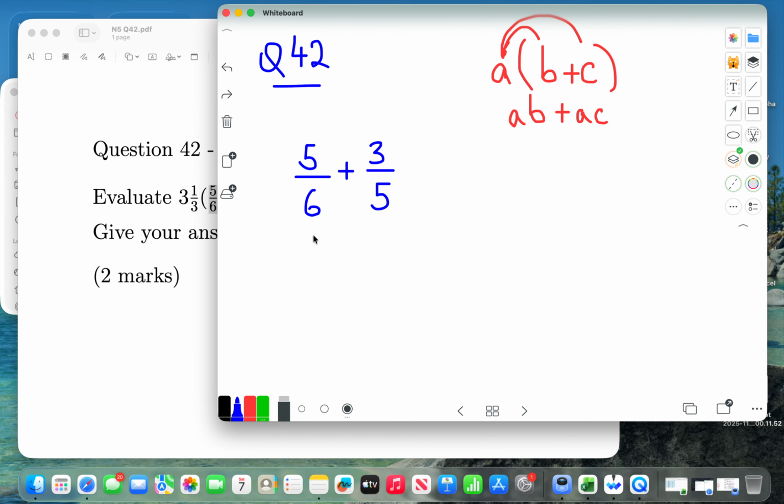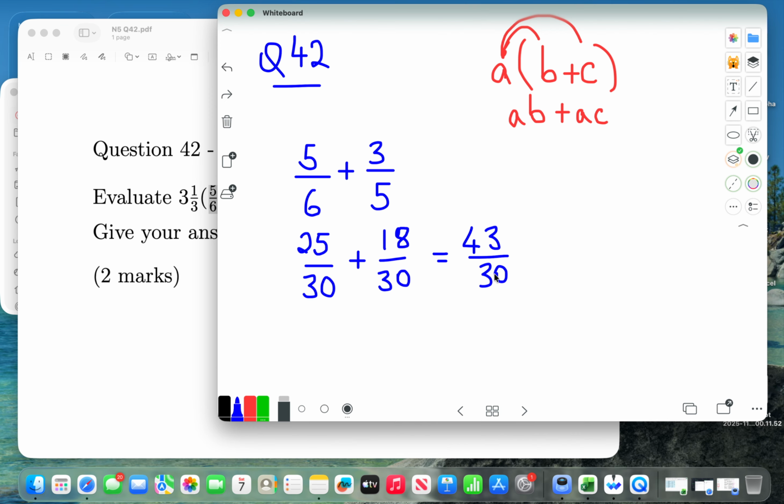So if we multiply by 5 on the left fraction and 6 on the right one, remember we have to multiply the numerator and the denominator, giving you 25 and this would be 18, which gives you a total of 43 over 30. And that's us done the first section.